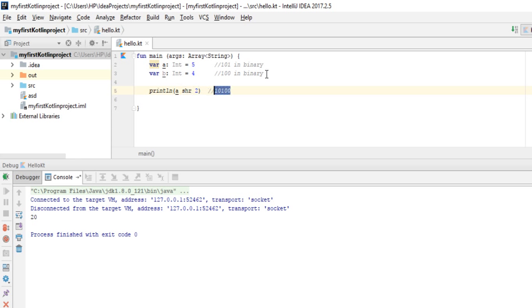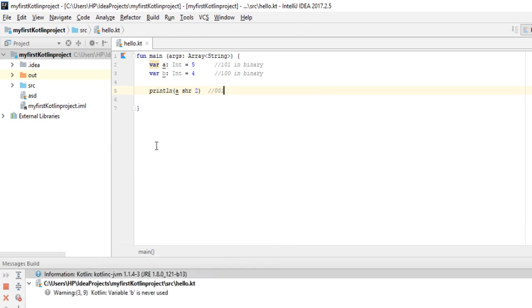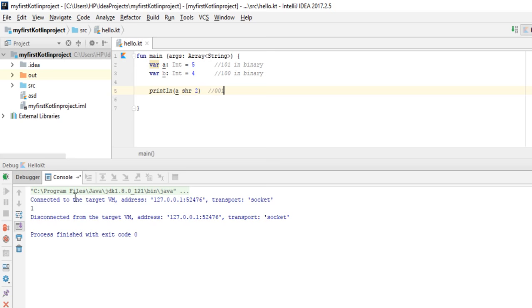Now 1 is shifted, 0 is shifted, and 1 is shifted. So we will have two zeros on the left side, and then 1 is eliminated, 0 is eliminated, and we are left with only 1. Now run debug, and you will have 1 on the output. You can see here 1 is printed.